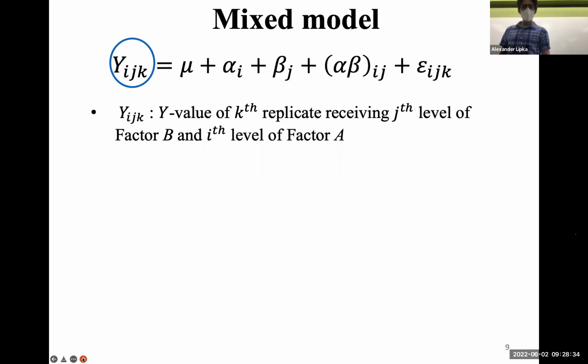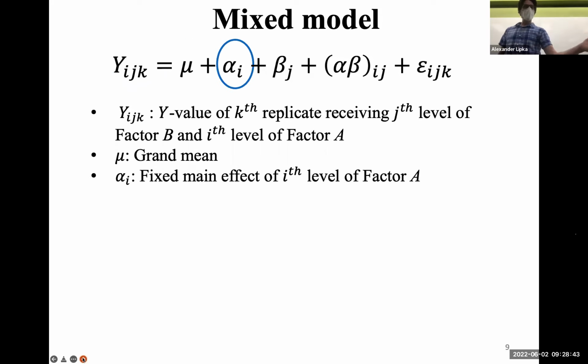Y_ijk is similar to as it has been defined previously, right? We have our grand mean. And I arbitrarily said that, let's have the main effect of the ith level of factor A. Let's say me as a researcher, I really care about these 3 particular levels of density, right?